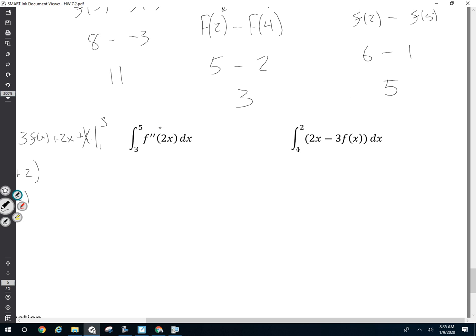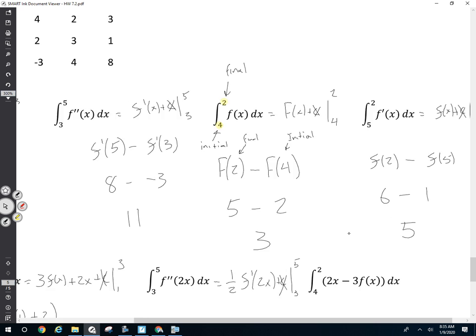An antiderivative of f double prime of 2x. You might think it's f prime of 2x, but just like we've done before, you need a 1/2. It's tricky. That's why it's here. Between 3 and 5, get rid of that c. If I plugged in 5 for x, it's not 1/2 f prime of 5, it's 1/2 f prime of 2 times 5. I'll just make sure I write that. And then minus 1/2 f prime of 2 times 3.